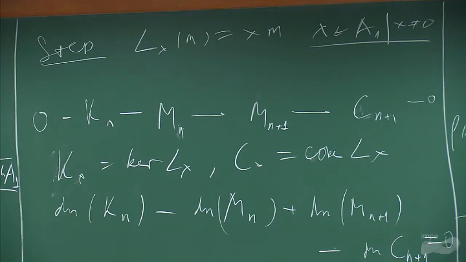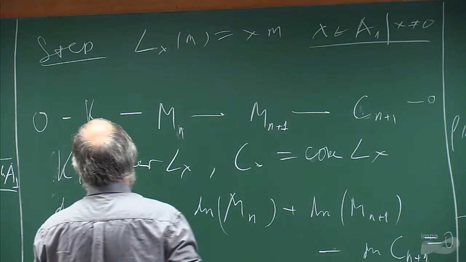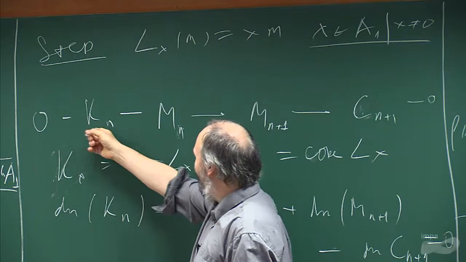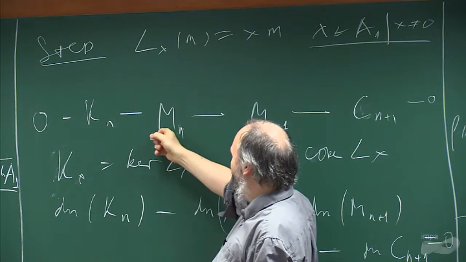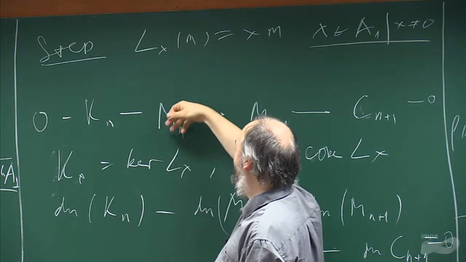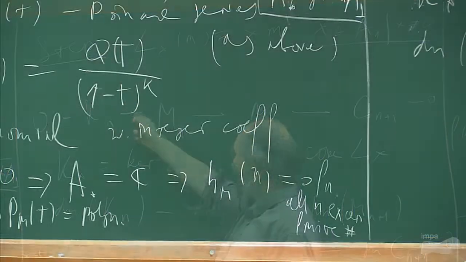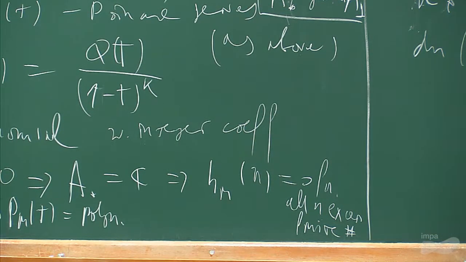This is sort of easy because you take the image of K here, and you split M into a direct sum of this image and the rest. You obtain a short exact sequence, and your K cancels this, and then for a short exact sequence, this is clear.